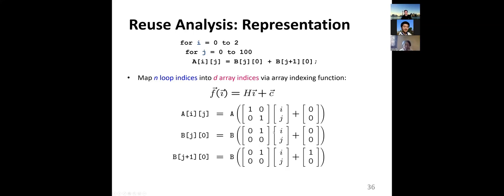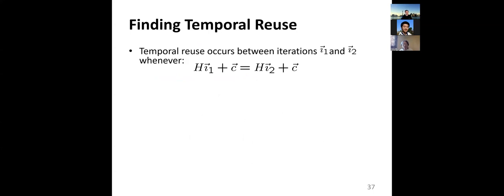Okay, how does that help us? Well, if we want to get the reuse, we need to prove mathematically that the two indices are going to be the same for some values of i, where i is a vector, right, at some point in time. So essentially, for that, I literally need to solve these linear equations. And if you look at it, constants can be removed here. So what I'm really looking at is the zeros of these matrices, right?